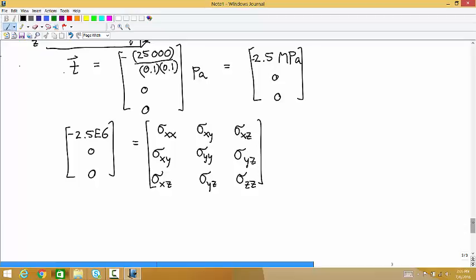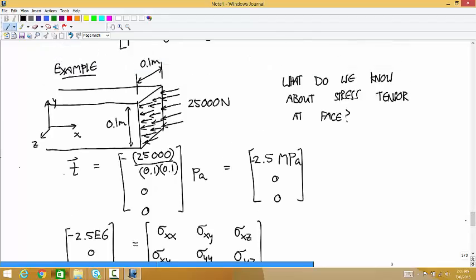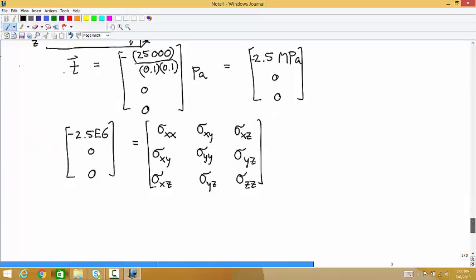What's the outward facing normal to this face? So draw a vector pointing out of that face. 1, 0, 0.